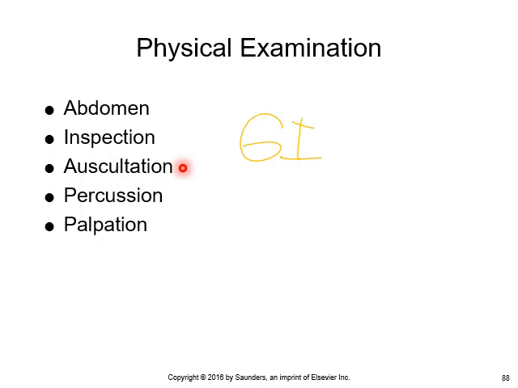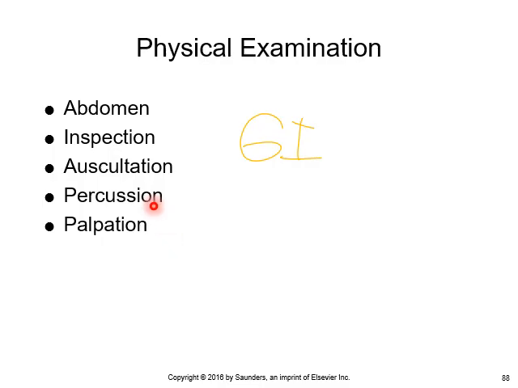before we do percussion and palpation of the stomach, because if we start doing percussion and palpation, when we start touching it, it messes up the bowel sounds in the stomach.